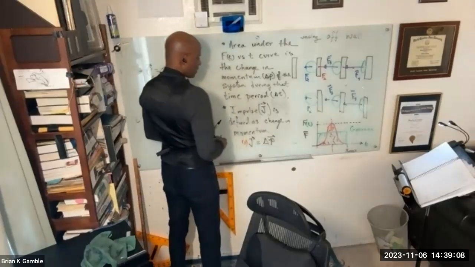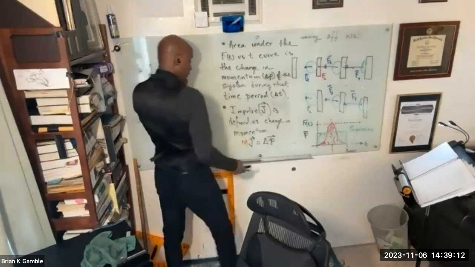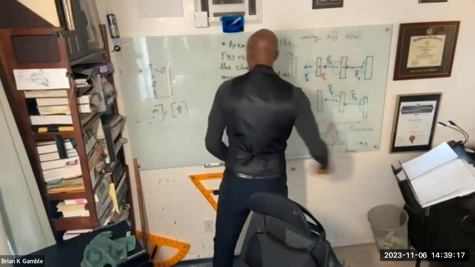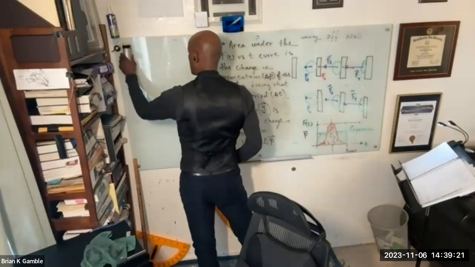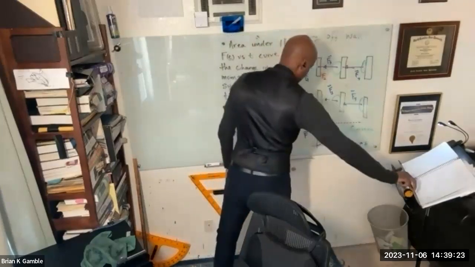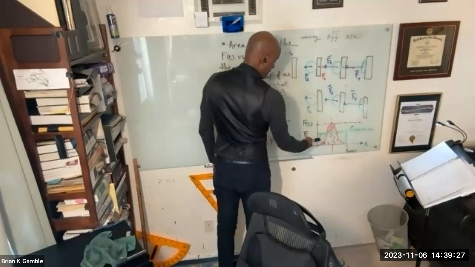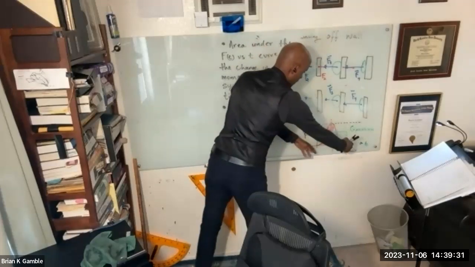okay. Now, when we put those two things together, the area under the curve, if we're taking the average value of F, that's just length times width, right? The length is the average force, or the height, and the width is delta t, the time period.